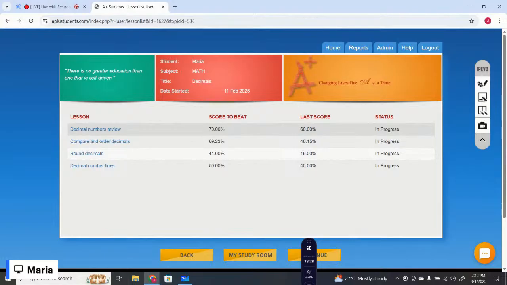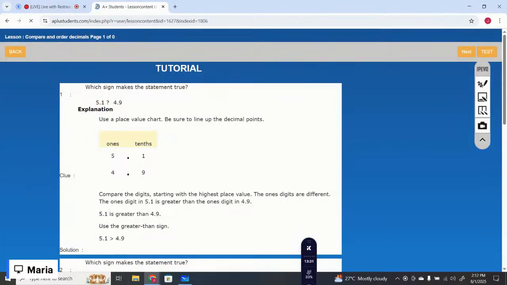That is comparing and ordering decimals. Which sign makes the statement true? 5.1 and 4.9.